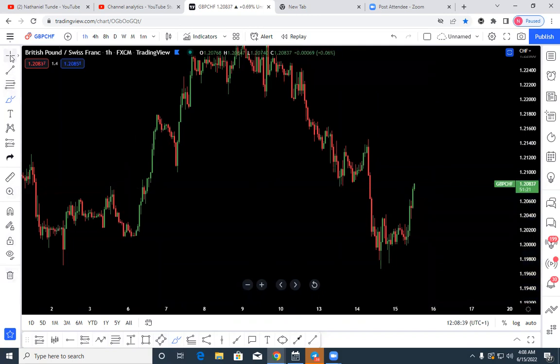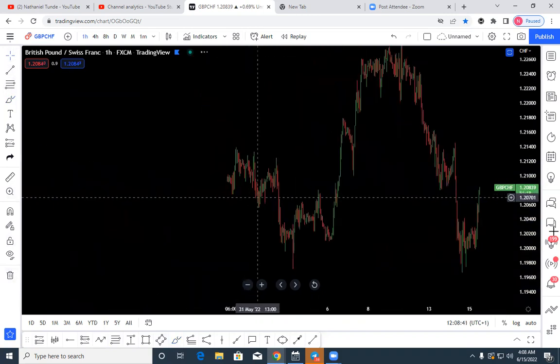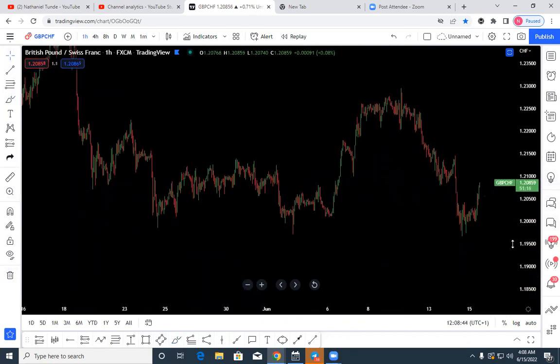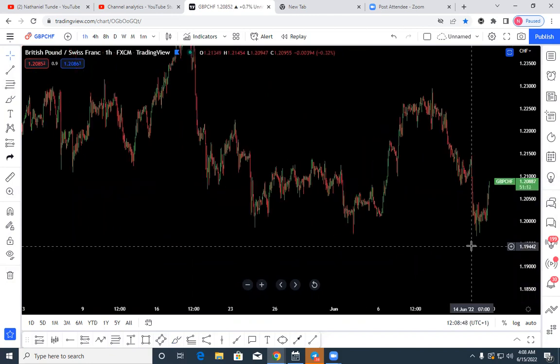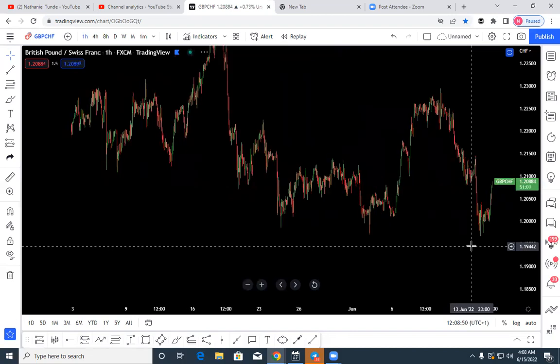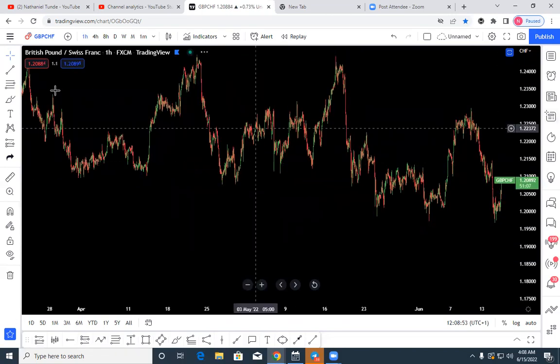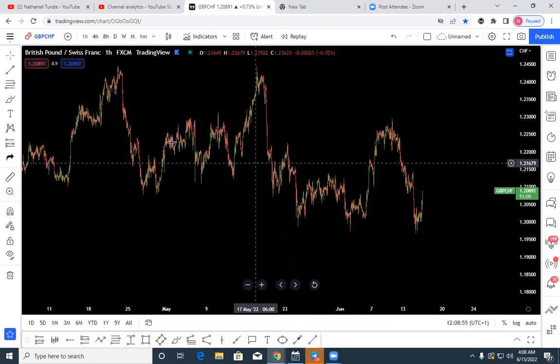Okay. Well, I taught you look for impulse, you look for correction to that level and sell. But there are things we learned before that stage. You remember we learned time frame analysis.